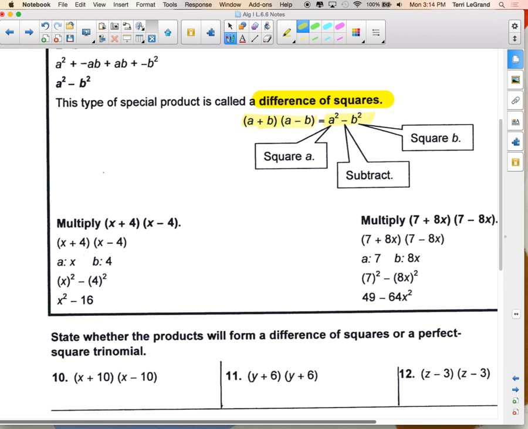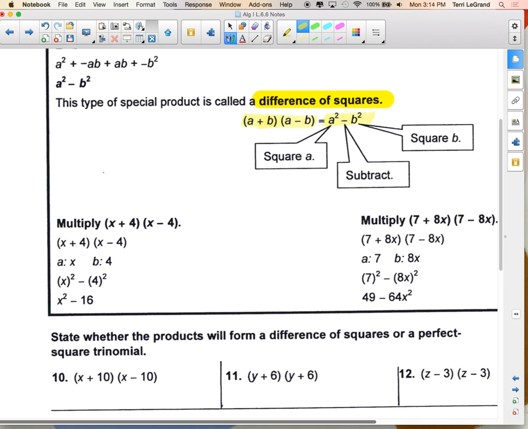Difference of squares. This is the special product name for these. These are my favorites. When we have the same first term, same second term, and binomial multiplication, one's got addition, one's got subtraction, we don't have to work very hard at all. We square the first term, we square the second term, and we set it up as a subtraction.